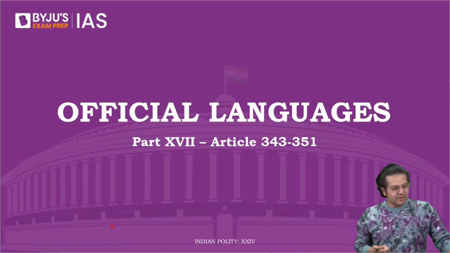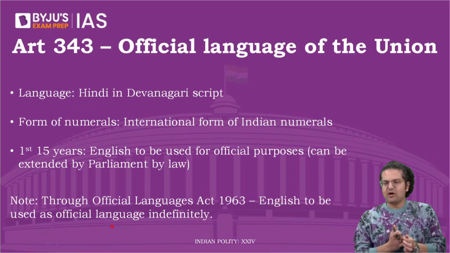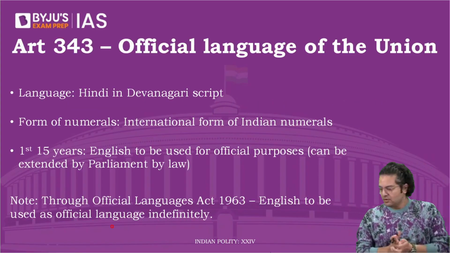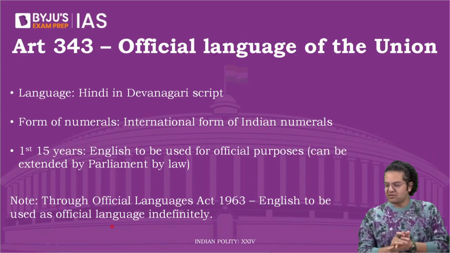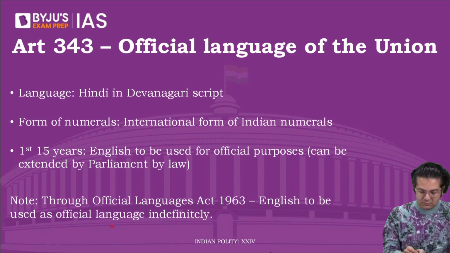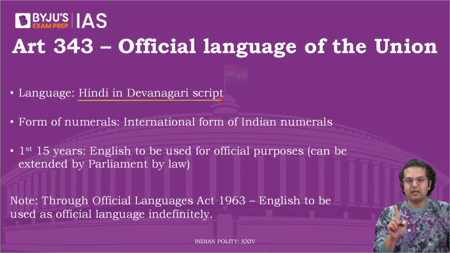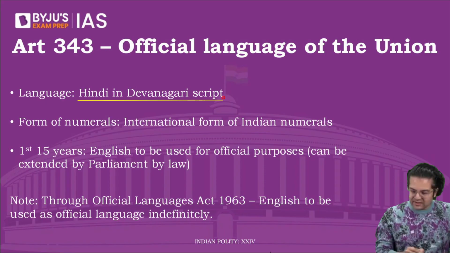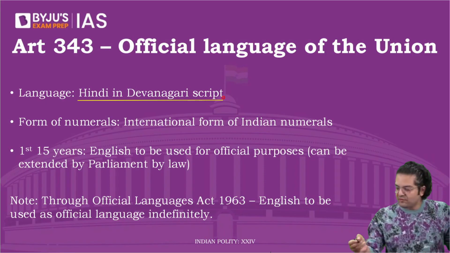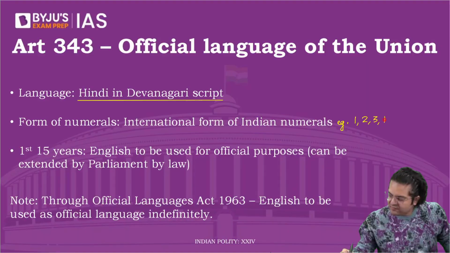Now, first up, Article 343. Official language of the Union. What is the official language of the Union? Hindi is the official language. Are we clear? Hindi. And the form of numerals is the international form of Indian numerals, basically like this: 1, 2, 3, 4, 5.